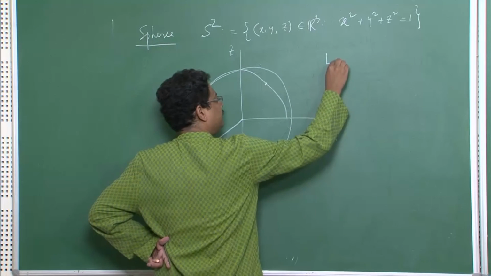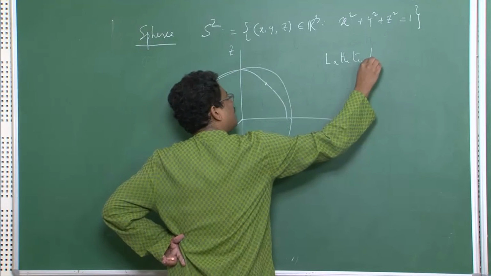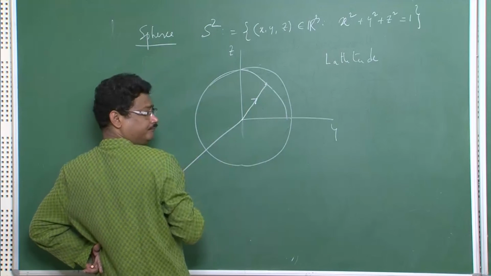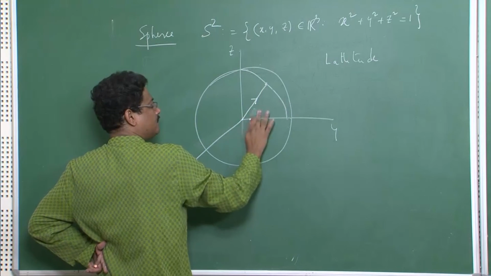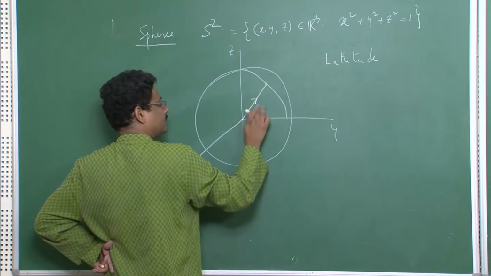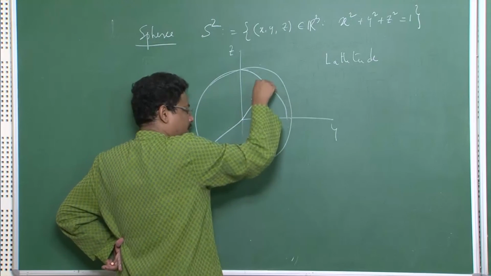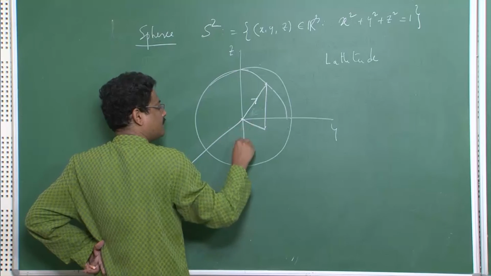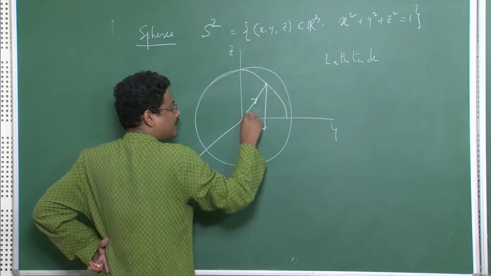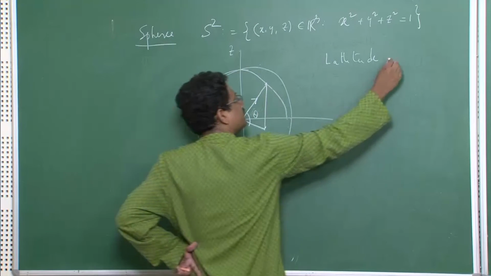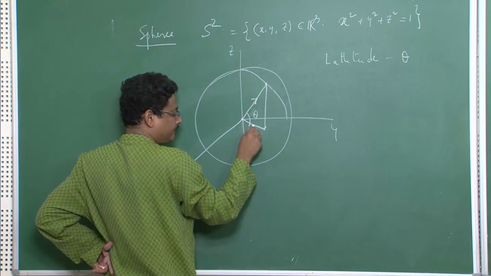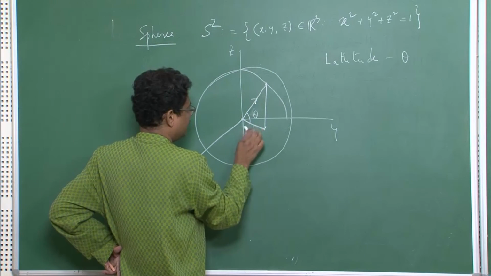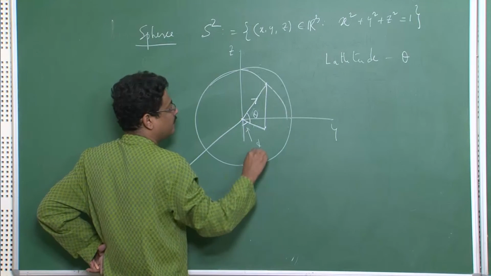What is the latitude? Latitude is described by this angle theta, right? This is the place, and then I project it on the xy plane and join this. So, theta is this angle, and longitude is the angle between the x and z axis, that is this angle phi.